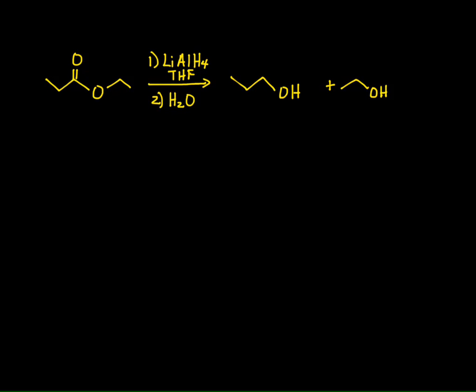So we end up with two alcohols in this process. One where the ethyl ester portion actually is coming off and gets protonated in water, and then one where the carbonyl is actually reduced. So keep this in mind. You're generating two alcohols. I guess that might be the trickiest part of it.